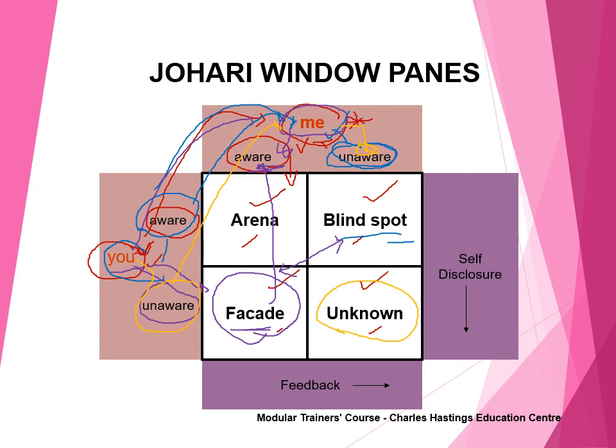It is possible, ya. Sometimes we don't even know who we are. There are a lot of things in ourselves or a lot of behaviors in ourselves that we don't know. Okay, kita belum explore lagi, kita tak tahu lagi potential diri kita ataupun behavior yang ada diri kita. And at the same time, you also do not know about me.